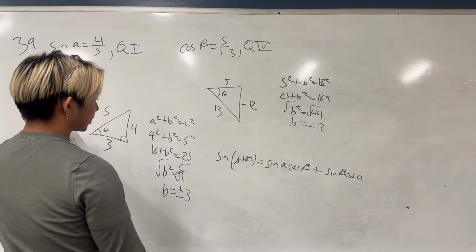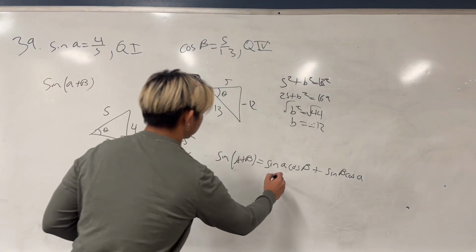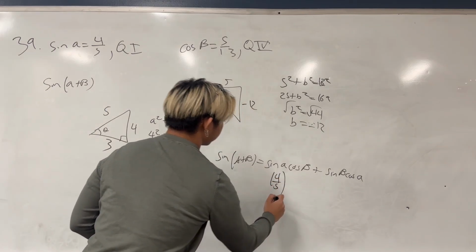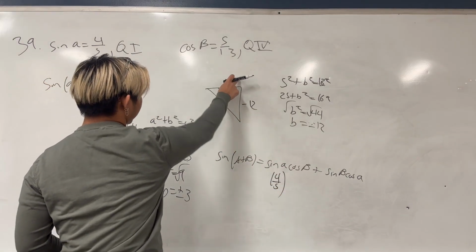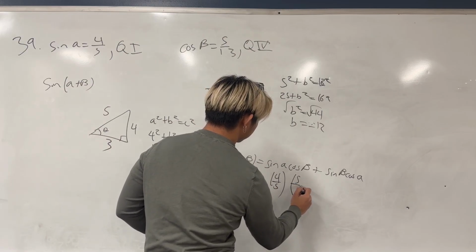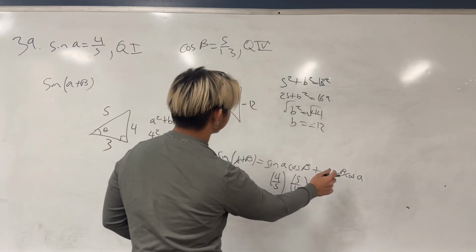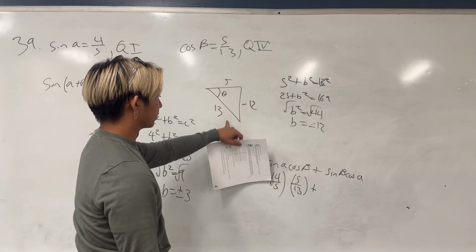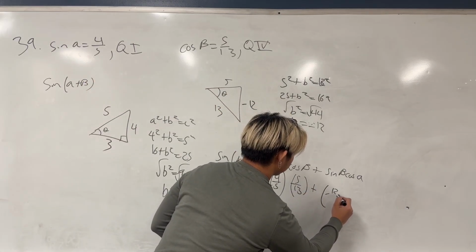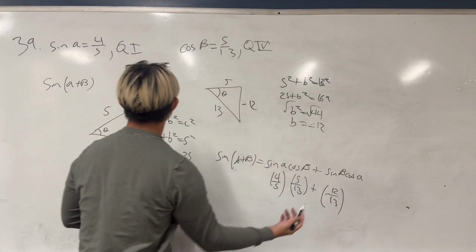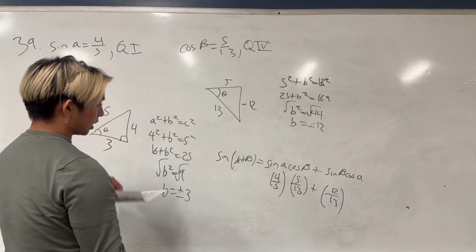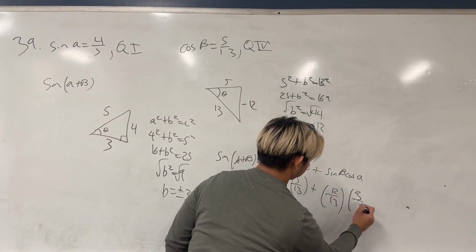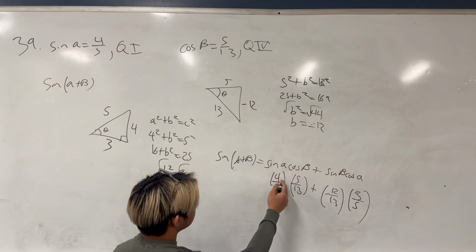In the first triangle, sine was 4 over 5. Cosine of B was 5 over 13, plus sine of beta, which was negative 12 over 13. And then cosine of A was 3 over 5. And multiply together.